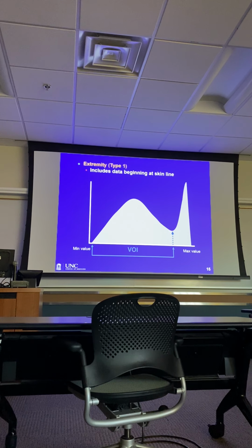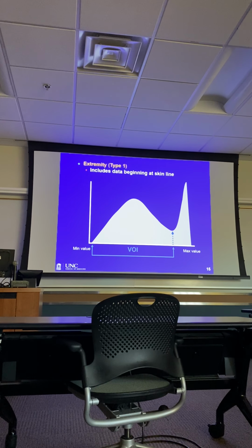So if this is skin line, what does this big bump represent? What do we have? So this is like skin line, you've got soft tissue, and then all of a sudden this big bump. Bone. Okay, 'cause remember, as you move towards this end, more absorption, and you've got a lot of bone, you know, with extremity, okay?